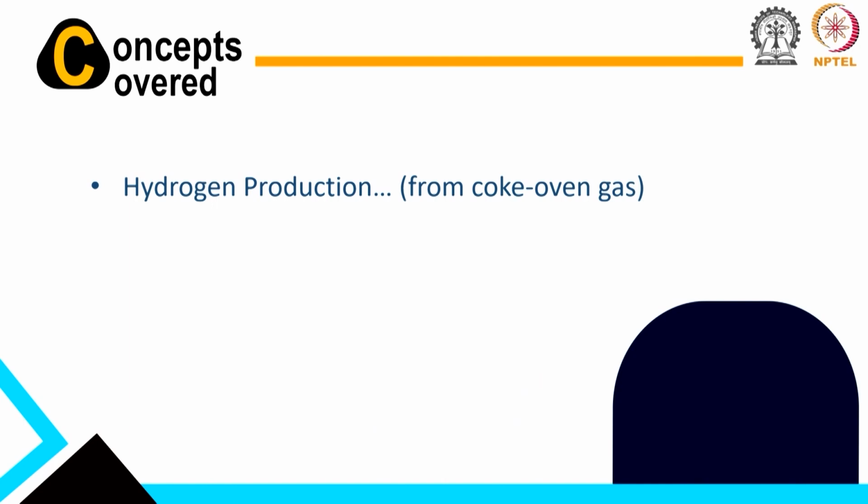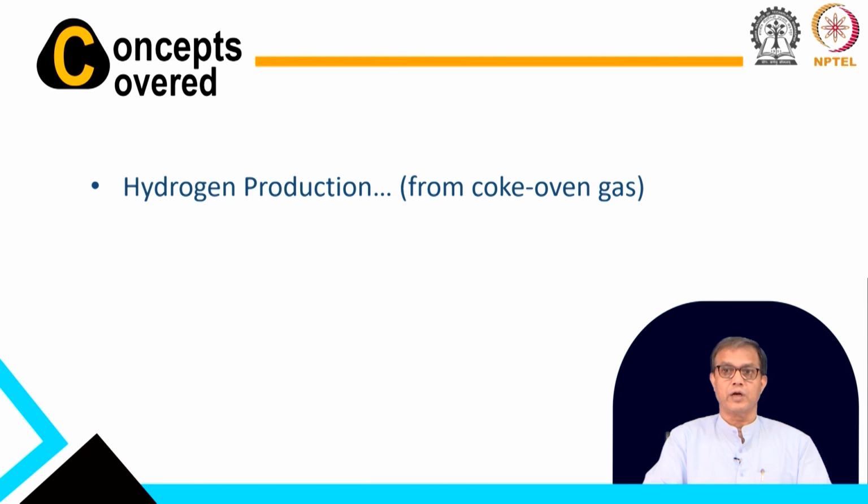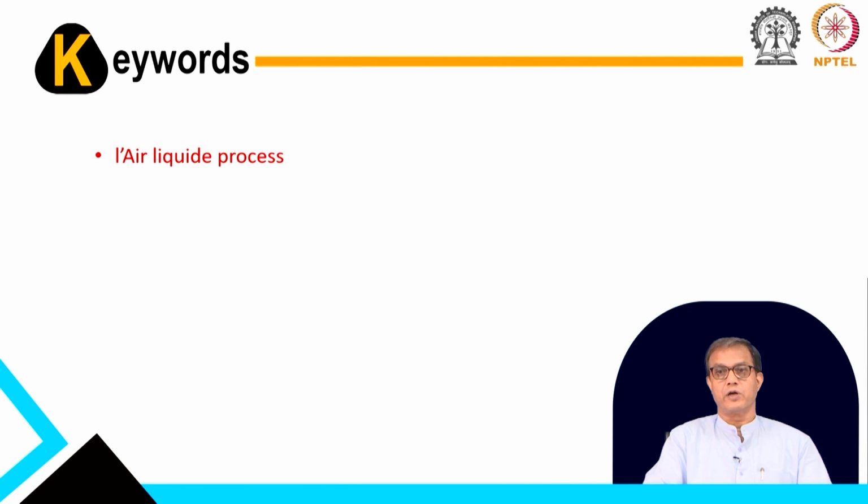Today, in continuation to that process of generating hydrogen from the coke oven gas, we will be talking about another popular process called the Air Liquide process for separating hydrogen from the coke oven gas.